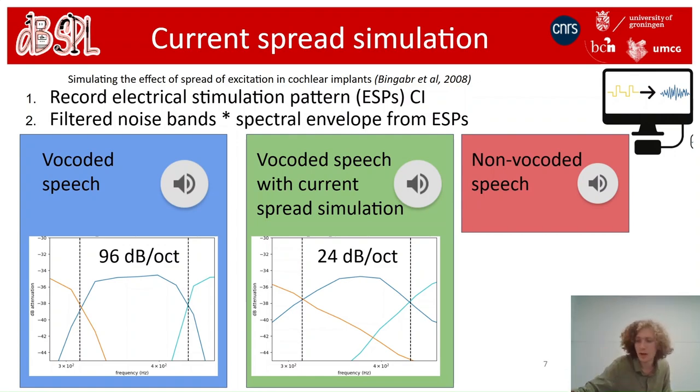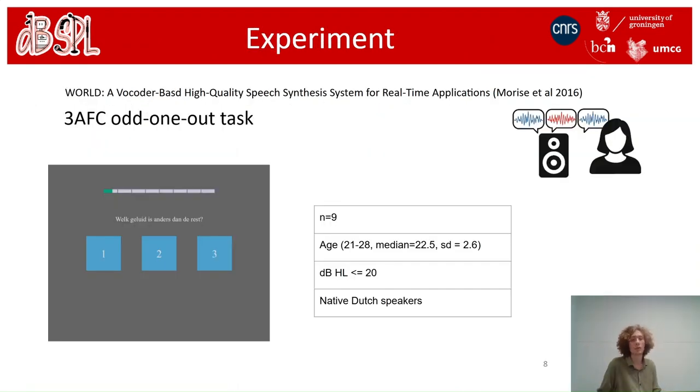We want to find the VTL percepts of all these three conditions, and we do that through an experiment. A participant is set in front of a loudspeaker, and three sounds are played, and one of these sounds has its VTL shifted through the WORLD software, which is a successor of STRAIGHT.